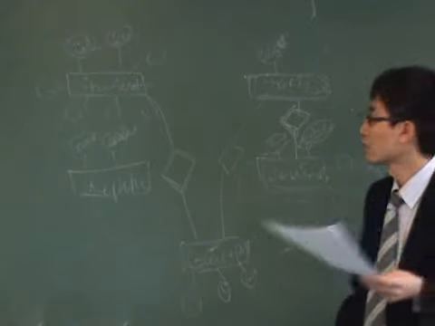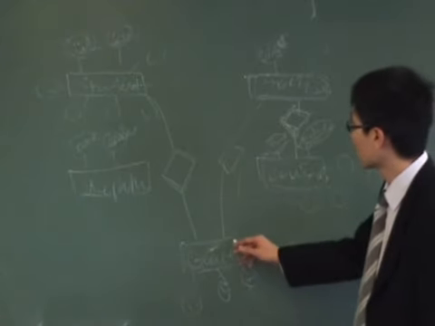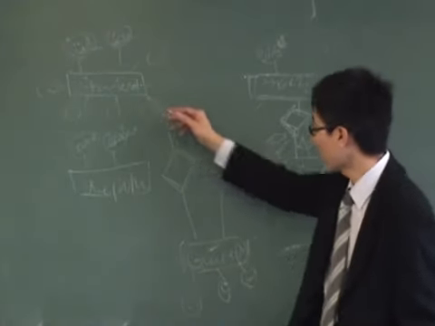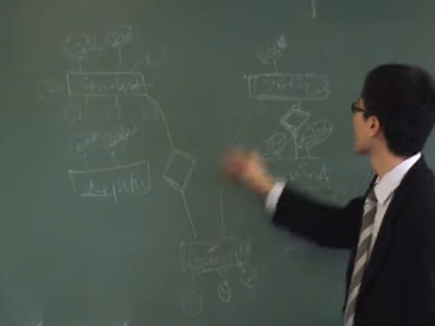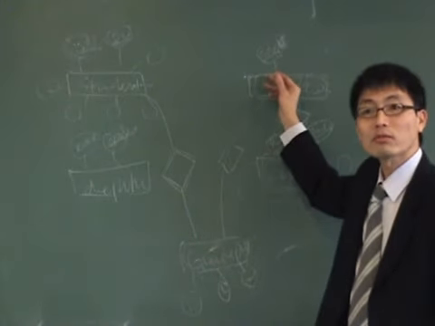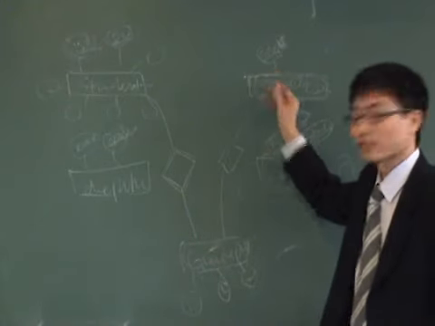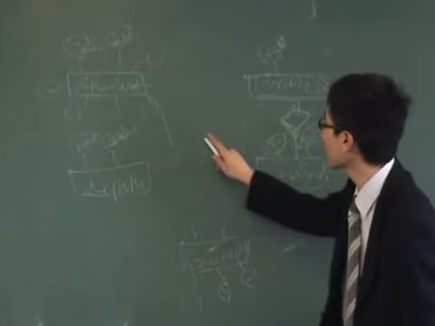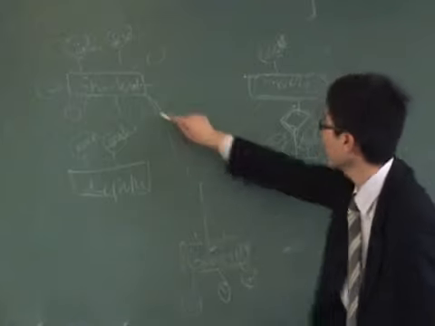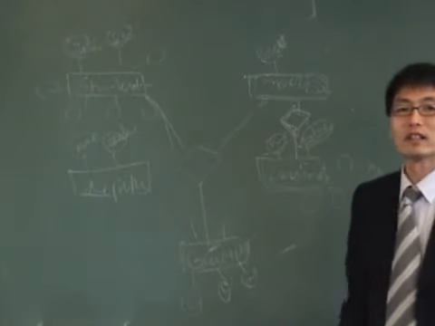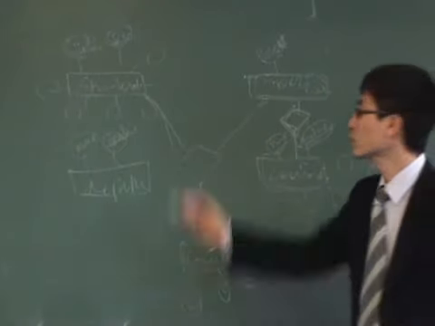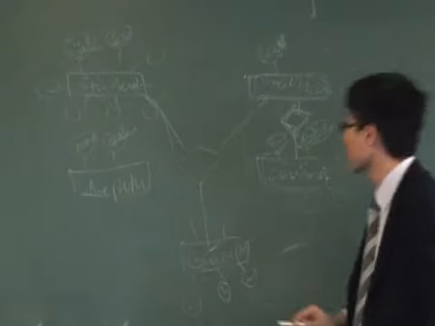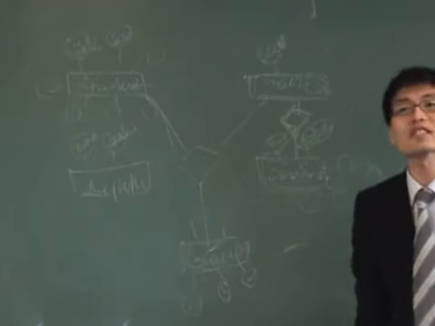However, think about it: a student can have the grade without registration. That doesn't make sense. So we can use, this time, a ternary relationship. 1, 2, 3. Right? Student gets the result grade from each section.